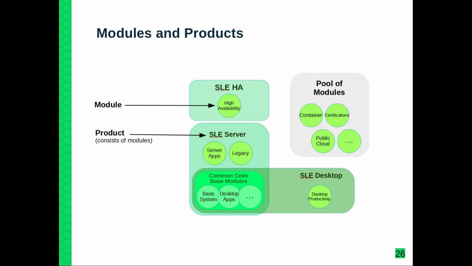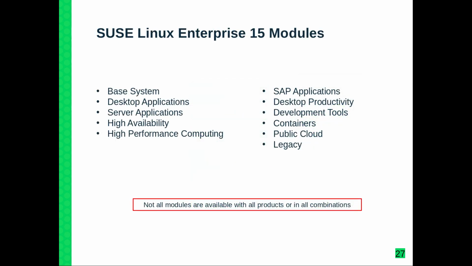So what exactly are the modules that are available to you? Well, this is a good list of what's out there. You have the base system, desktop applications, server applications, high availability and high performance computing modules.